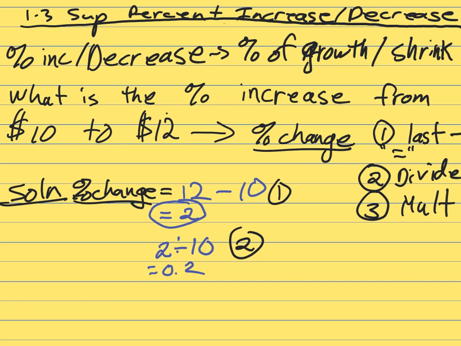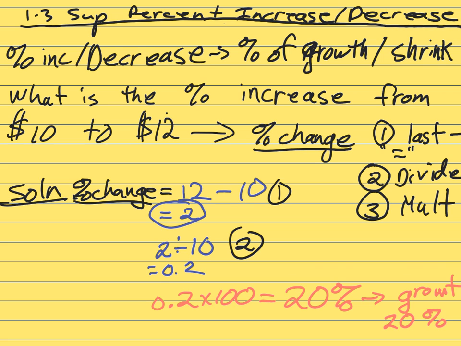So you take 0.2 and times it by 100, and that gives you 20%. Now you'll notice that this is positive, so that means this is growth of 20%. So our wages grew by 20%.